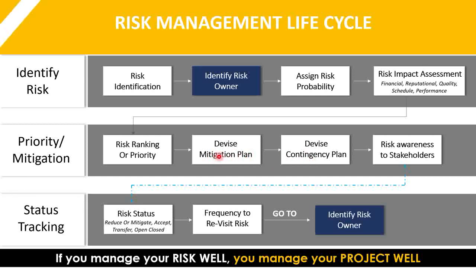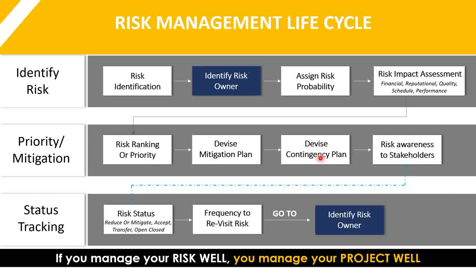If you want to reduce the likelihood of the risk, to avoid having that risk, then you figure out a mitigation plan. And if, whatever mitigation you put in, the risk still occurs, then how do you reduce the impact of the risk? That is your contingency plan: how do you continue the project execution even though the risk has occurred, so that you can reduce the impact.